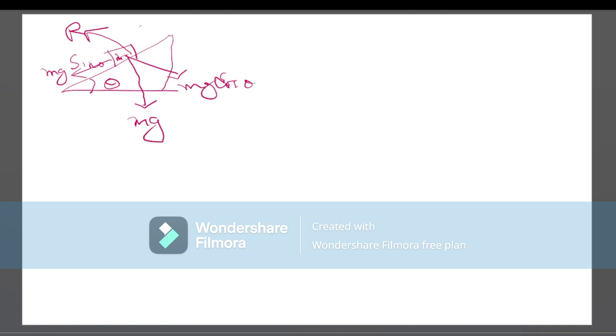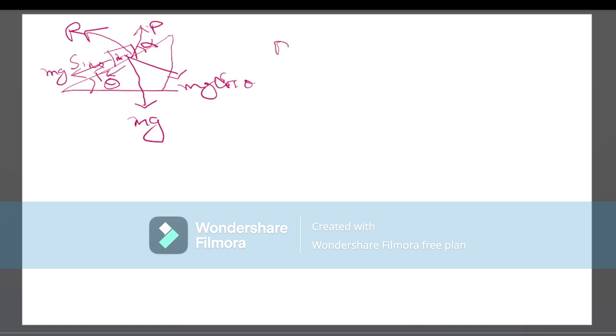Now we consider a force P here. And this P, suppose, is acting at an angle alpha with the inclined plane. And as the body is pulled up, obviously the force of friction acts downward. So now we resolve the different components of the forces.